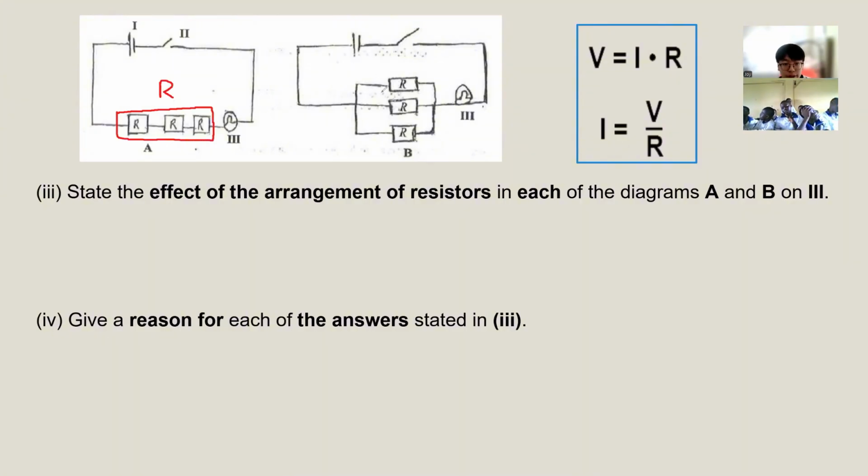I'm talking about the resistance R. But you're right that parallel has more current, right? Parallel has more current passing through because it has less resistance. So series has more resistance than parallel, so it has less current.